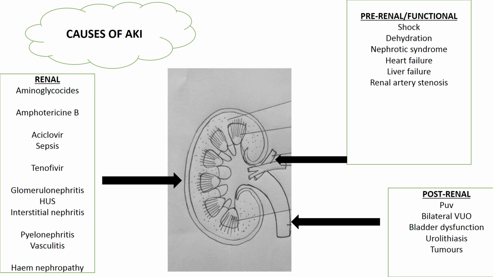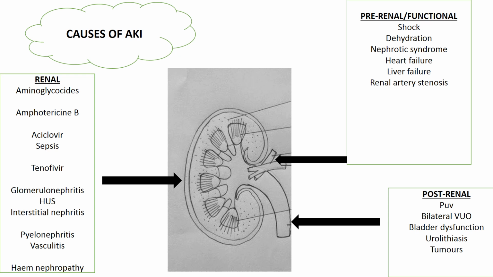And then sepsis, apart from the possibility of it causing shock and therefore reducing perfusion to the kidneys, can also directly injure the renal tissue. So that can also be a cause of renal AKI. Other drugs commonly used in our environment, things like tenofovir, affect the mitochondria in the proximal tubule and therefore lead to renal dysfunction.